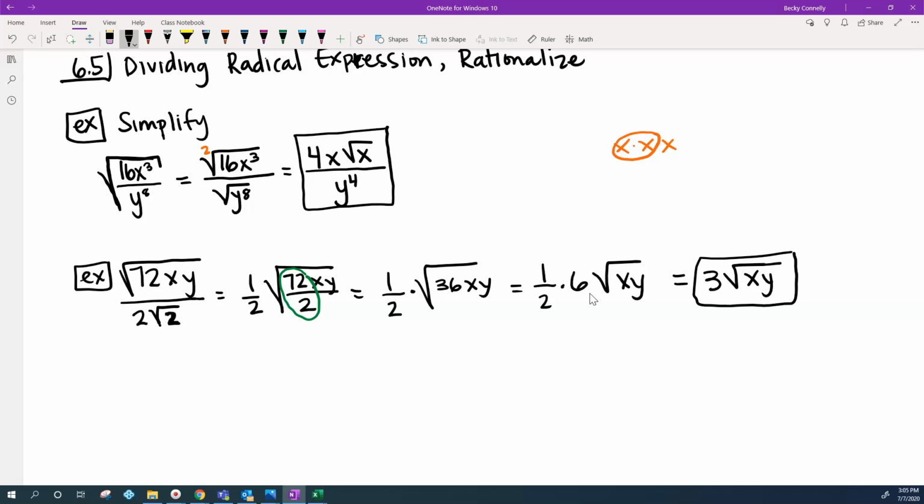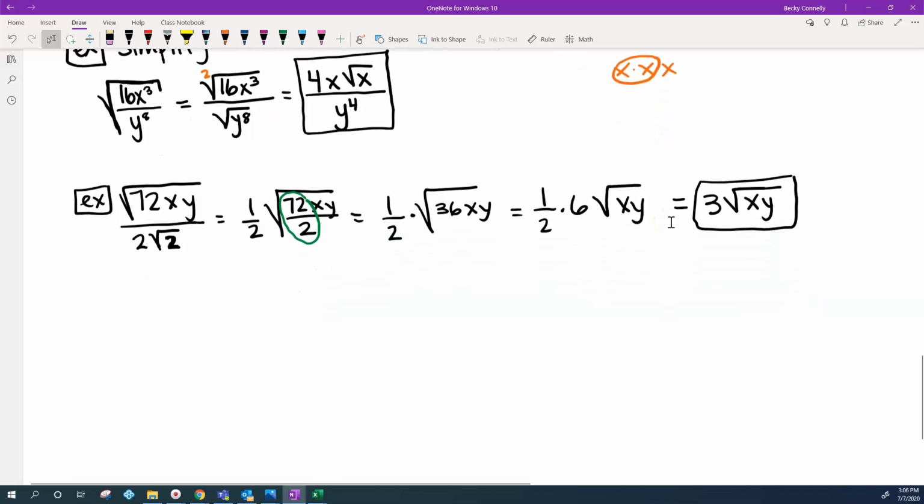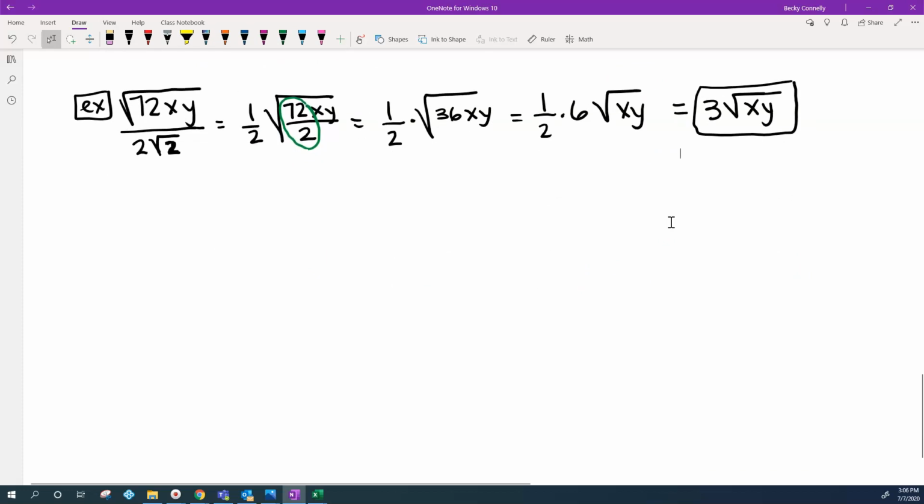So that's why I wanted to split those up. Is that clear? Like how to tell when we want to put them together and when we want to keep them separate? Yes, no, maybe, thumbs up. Okay. Some of you are at least responding, so sounds like that's good there.